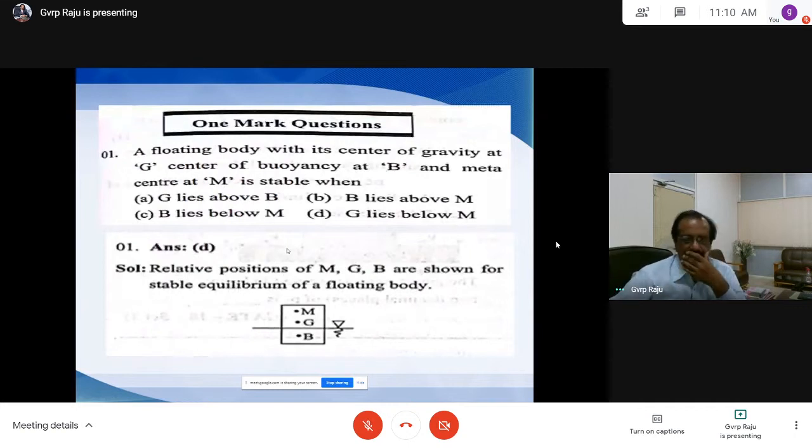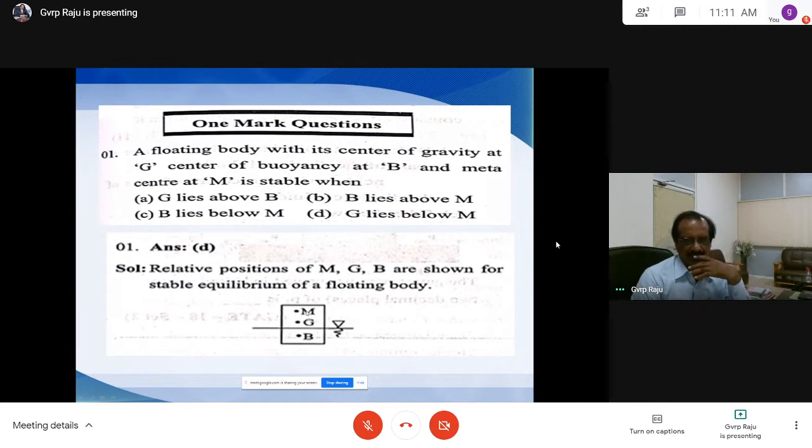One more question. A floating body with a center of gravity G, center of buoyancy B and metacenter M. When any body is floating, this should be the normal arrangement. So the metacenter is always above the center of gravity, and the center of gravity is always above the center of buoyancy.